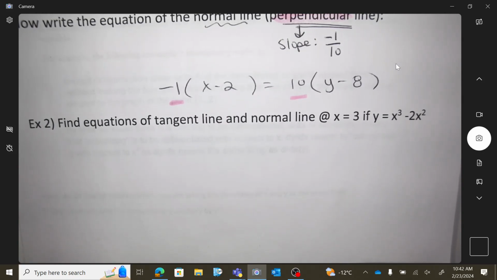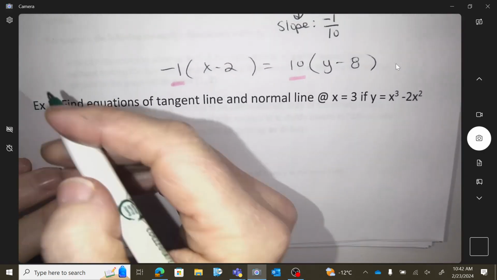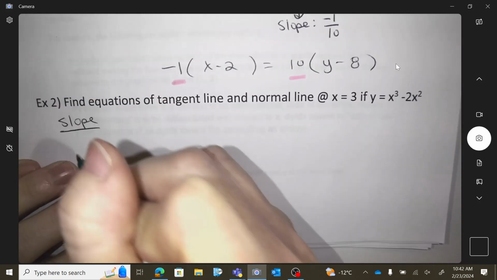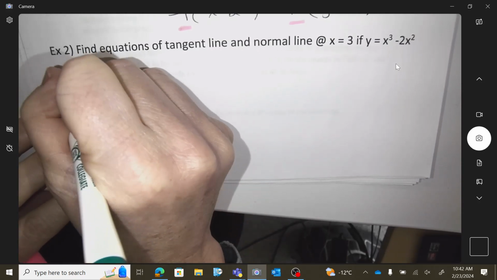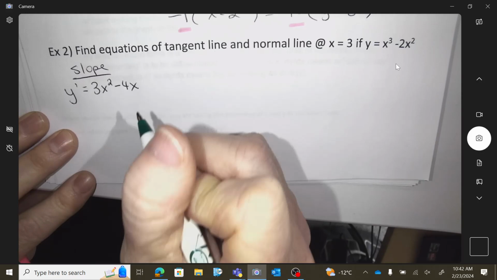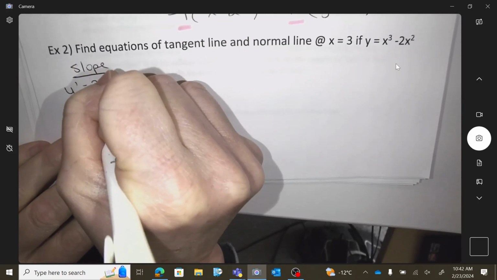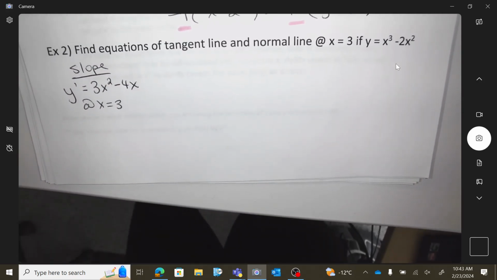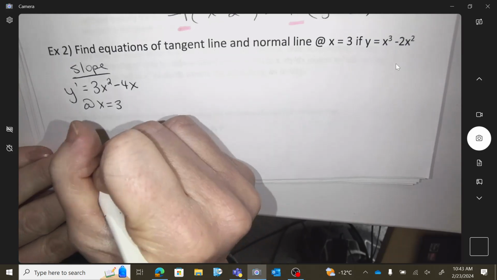Okay, here we go again. Same thing. Find the equations of the tangent and the normal line. So first of all, I want to figure out the slope. So I derive. And I'm trying to get all this tangent stuff specifically at 3. So now figure out your number.